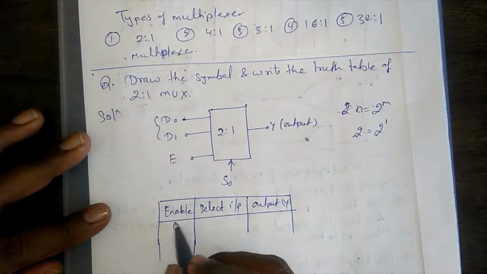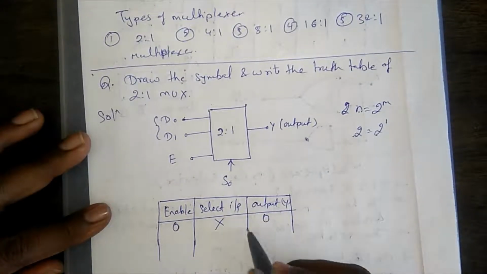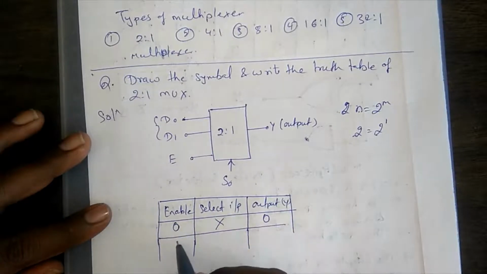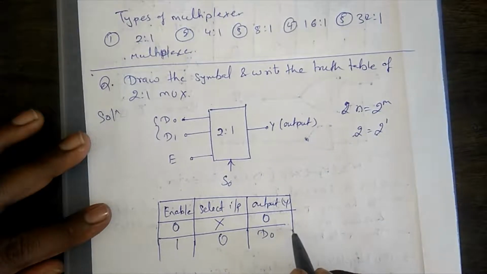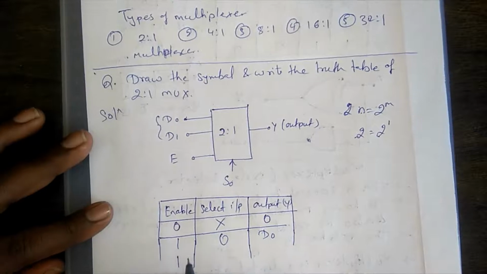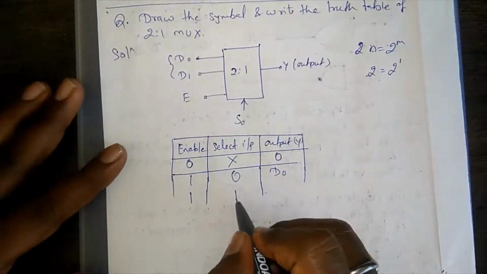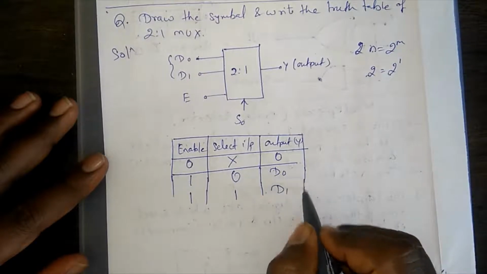So when it is 0, select input will be a don't care condition, whatever it may be, output will be 0. Enable is 1, select input is 0, output is D0. Enable is 1, select input is 1, output is D1.